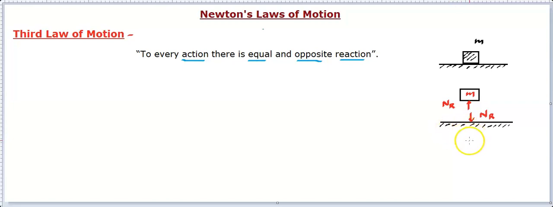What should not be confused is that the normal reaction and mg are not an action-reaction pair. No, they are not. Mg is a different force, and yes, this mg was the cause that created this action, but this is the action and this is the reaction. So they are the action-reaction pair.